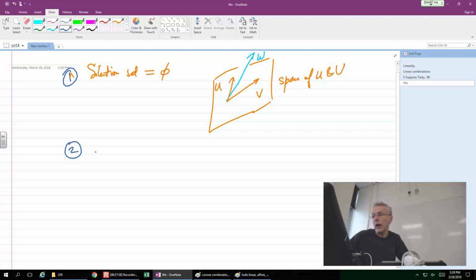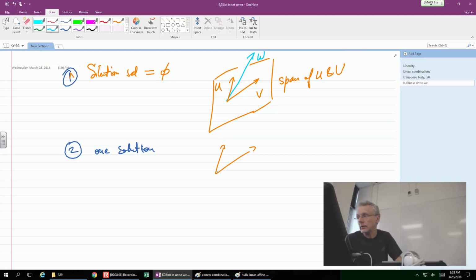Number two, one answer, one solution. That's the simplest one, and that is what we assume to be the case. It is natural to assume that it simply works out, with one solution.